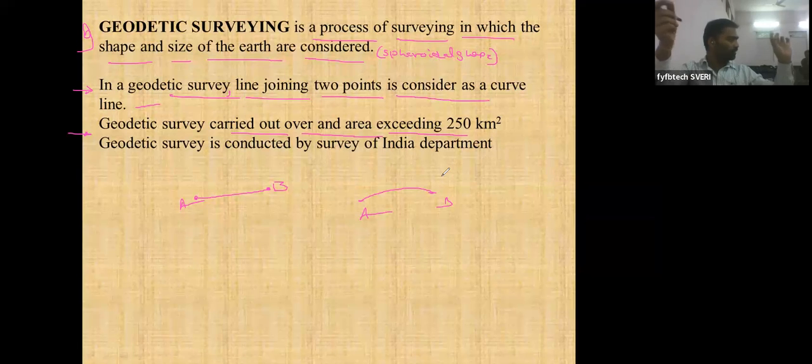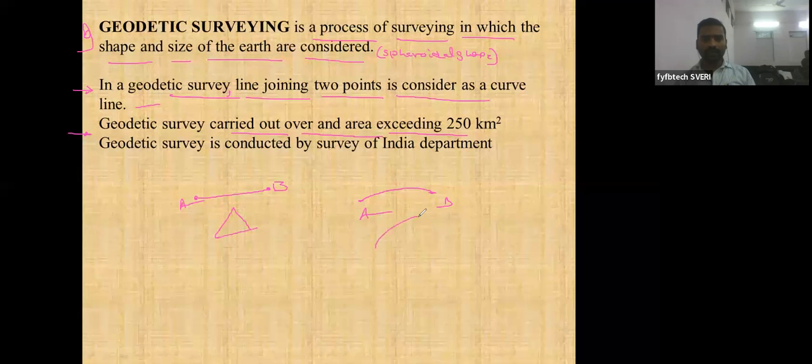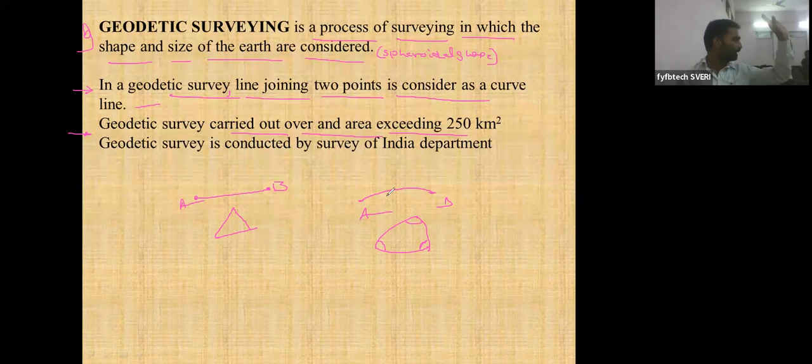Correct? So in case of a plane area, the triangle is like this. It is a plane triangle. In case of geodetic surveying, there is an A line, a B line, a C line. This is called a spherical triangle. In plane surveying, the triangle is a plane triangle.